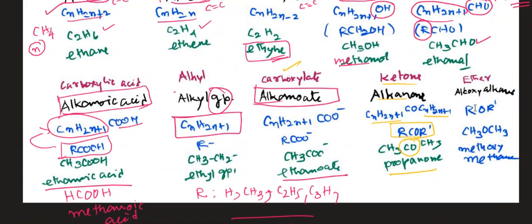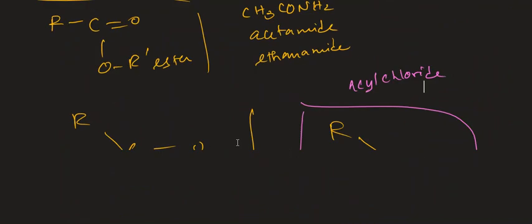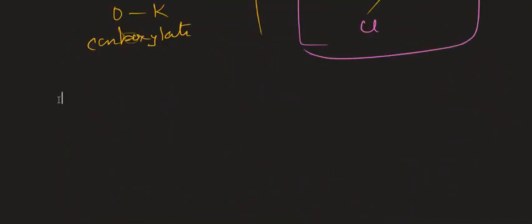Then ether. Here the oxygen is flanked by, bridging, two different alkyl groups or the same alkyl group. They are called oxy compounds, that is oxymethane, methoxymethane, ROR. So let us talk about this ether. So ether is nothing but ROR. It is represented as ROR, that is CH3OCH3.